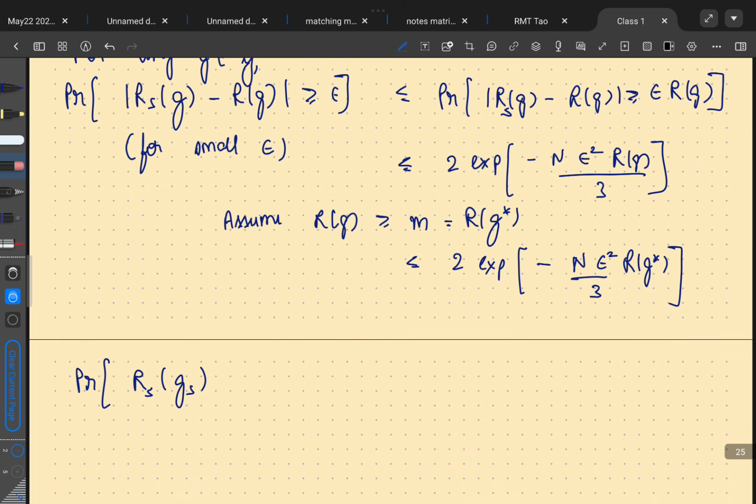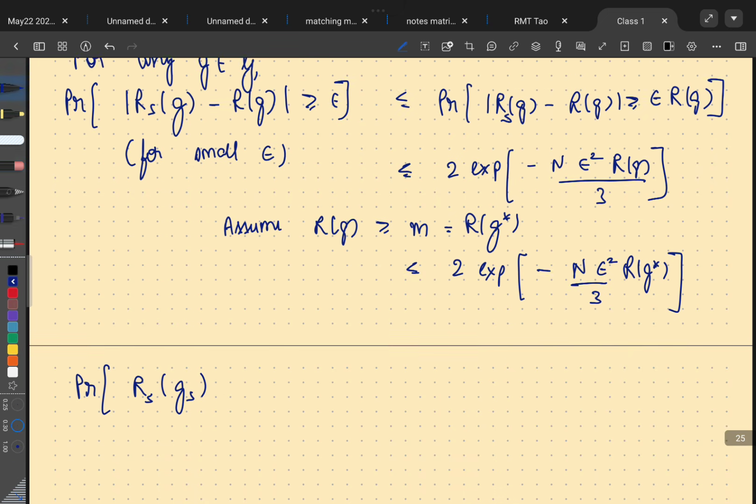Because what do I want to show? g_S hat is my empirical risk minimizer, and I want to know the probability that R of g_S hat is greater than or equal to R of g star plus epsilon.